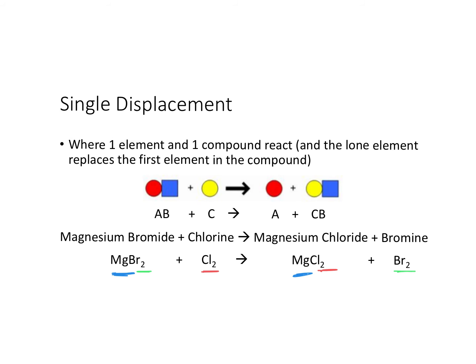So they've just done a shuffle or a swapsies. Now, what I want you to think about is take a moment and identify which of these, if they become ions, is going to be positive and which of them are going to be negative. So is magnesium going to be positive or negative? Is bromine going to be positive or negative? Is chlorine going to be positive or negative? Pause the video if you need some time to figure that out.